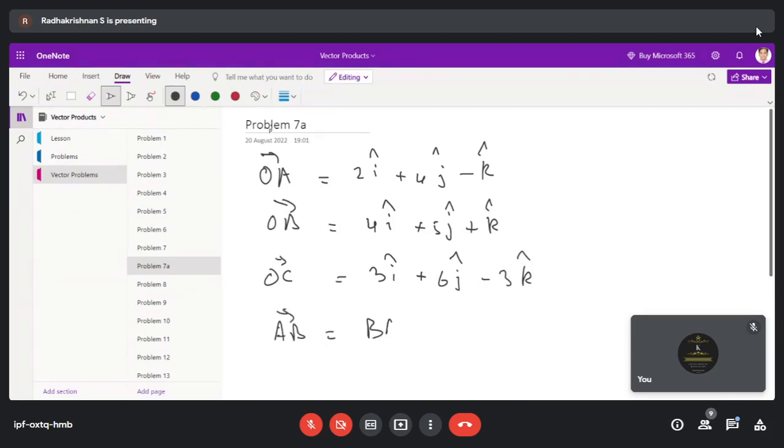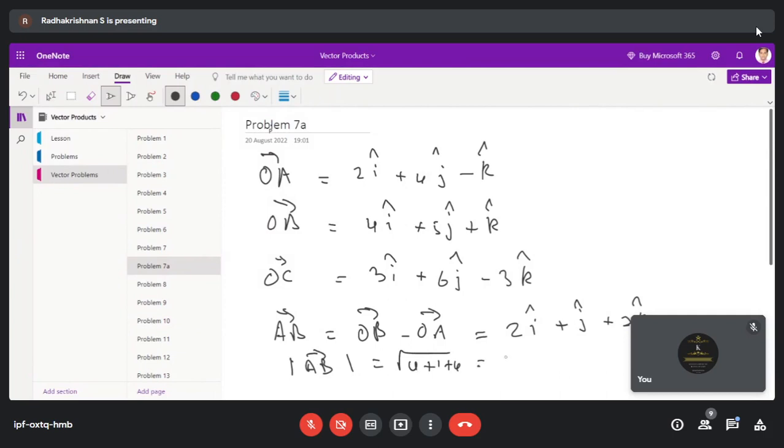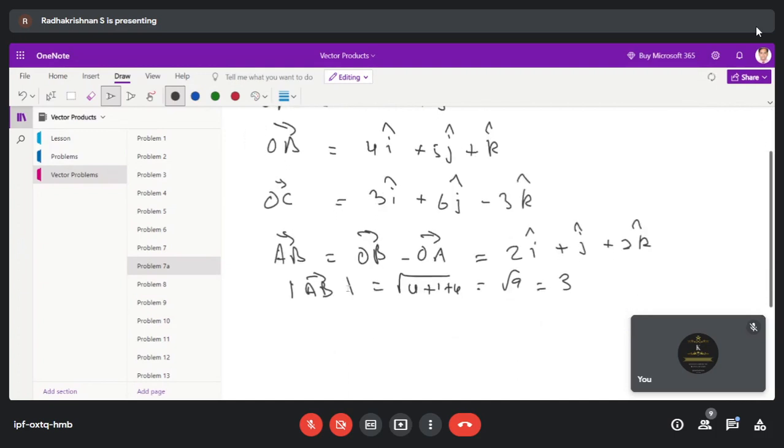What is AB? It will be OB minus OA, which is 2i plus j plus 2k. So magnitude of AB will be square root of 4 plus 1 plus 4, which is 3. Similarly, find out AB, BC and CA.